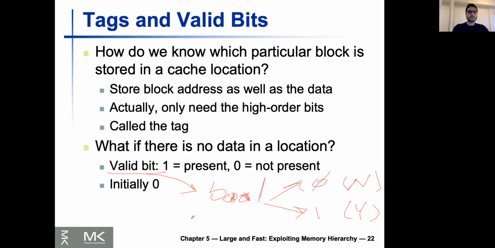Okay. So how about the tag now? We need the tag just to contain the upper portion of the address. Remember when you had that 5 digit address? Those 3 were calling for the block. The upper 2, which could be 00 or 01, 10, 11, we're gonna call the tag, corresponding to the bits that are not used as an index into the cache.